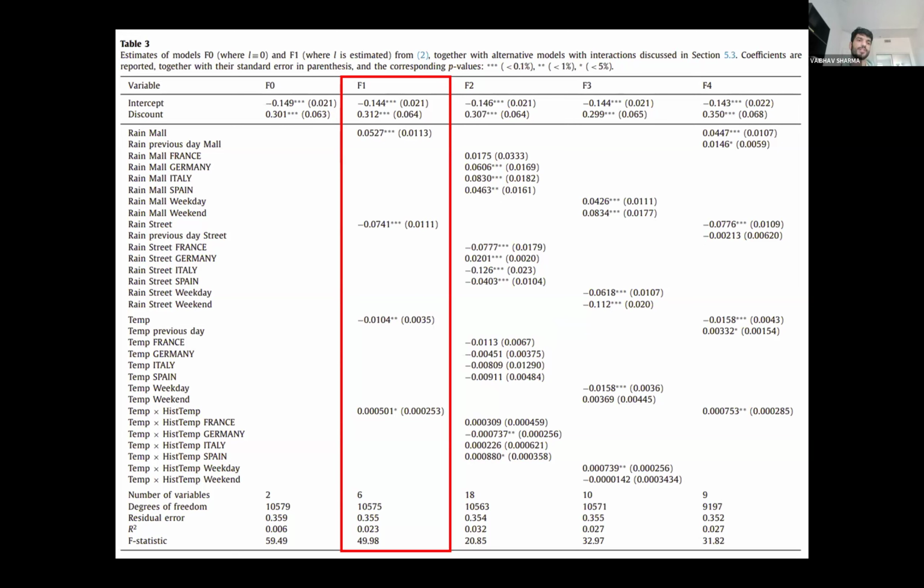Similarly, temperature generally has a negative impact on the footfall by about 0.0104%, but this is moderated by the historical temperature, and it is milder during the winter season, and the value is 0.000501.